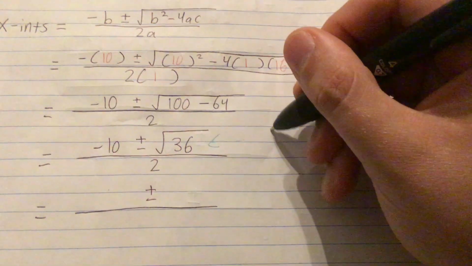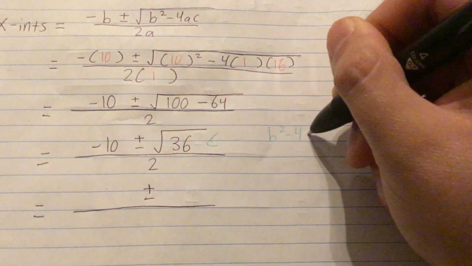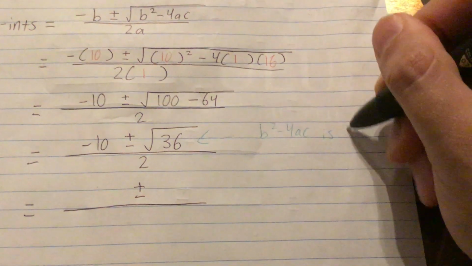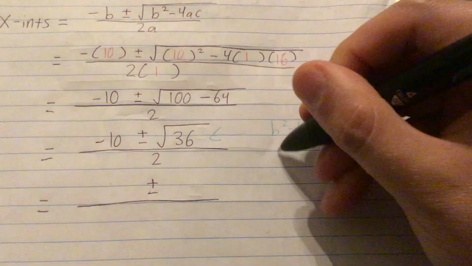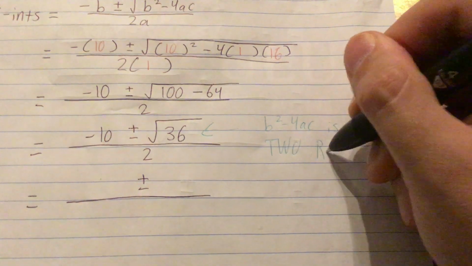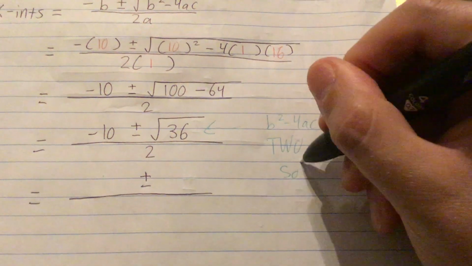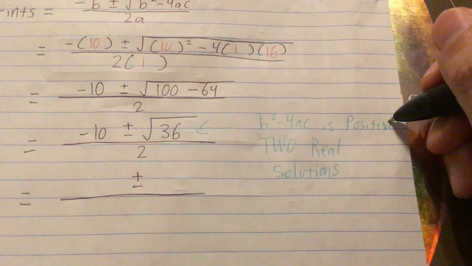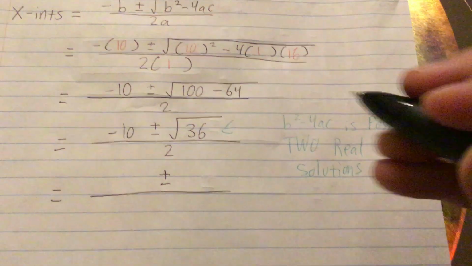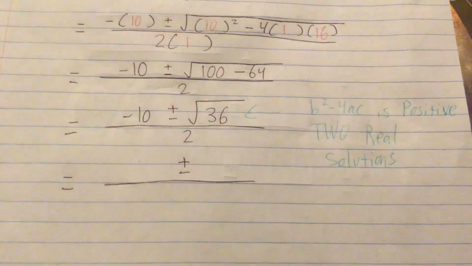Because b squared minus 4ac is positive, that means that there are two real solutions.